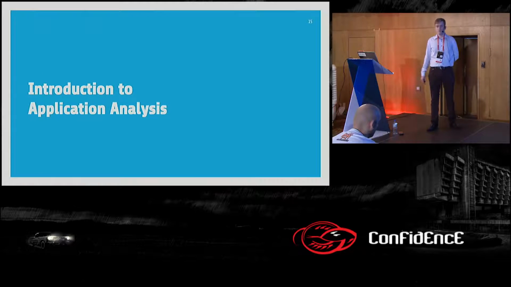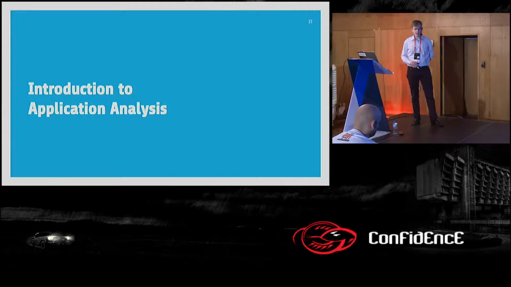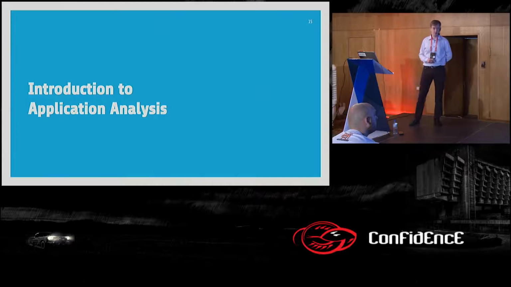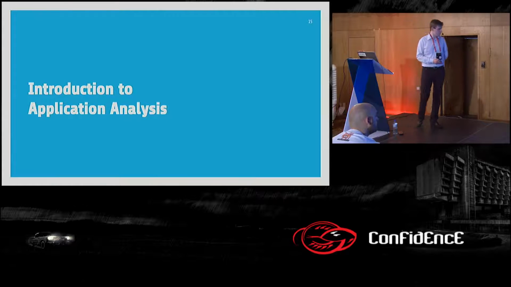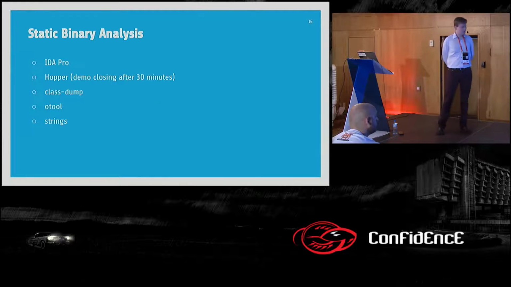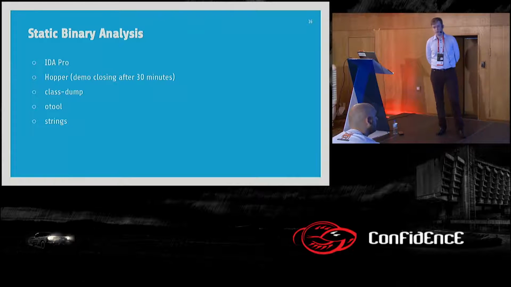OK, so with a very quick introduction to the system and to the programming language that's used, we'll go to the actual meat of this presentation, application analysis. First of all, what tools you would need. For static binary analysis, classically, IDA Pro is very useful. However, Hopper is also nice. You can get quite far with Hopper.